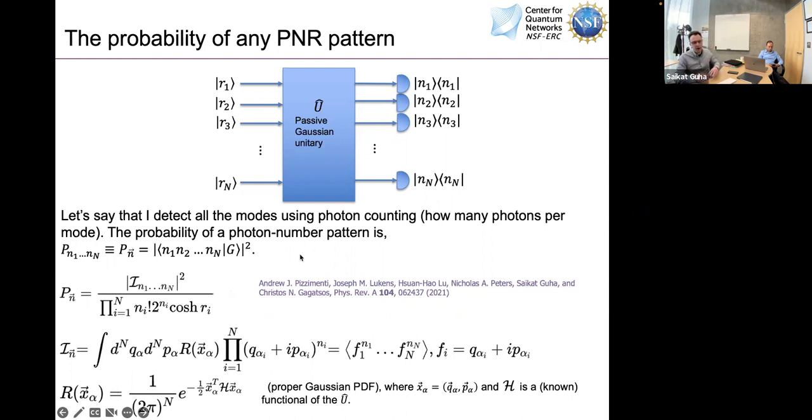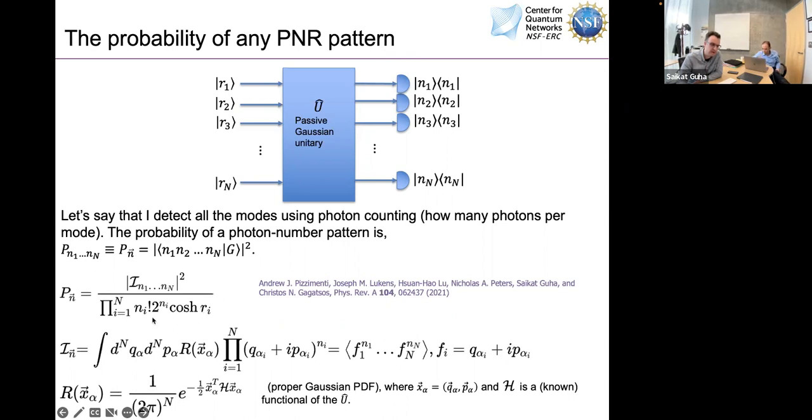It has a specific probability which is given by this projection modulo square. Now, how to play a little bit with that and bring it into a form where you can start recognizing other types of math is a little bit elaborate. In this paper and in other papers, they have found similar results starting from different settings and mathematical approaches. What we can find is that for any general pure Gaussian state G with zero displacements, that probability can be written in this form. Now, these are the squeezing parameters.